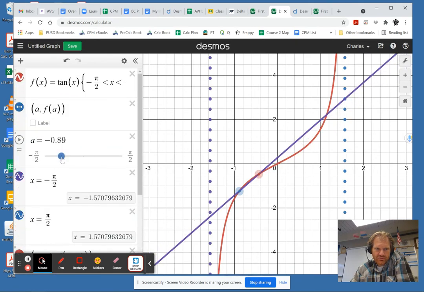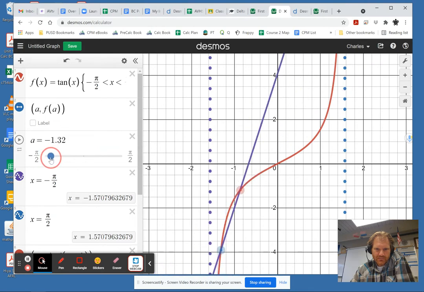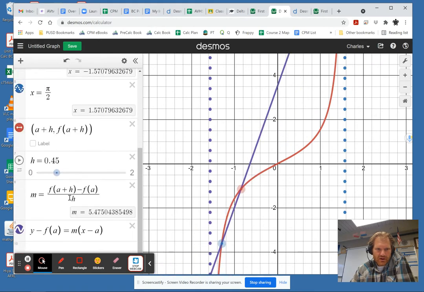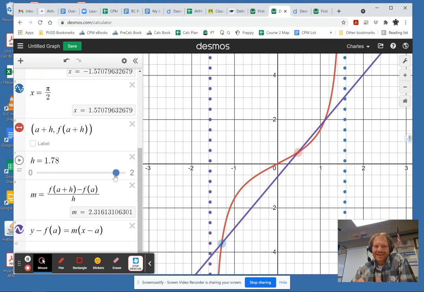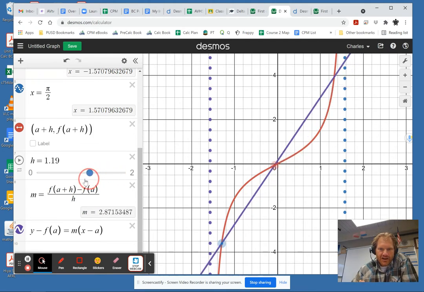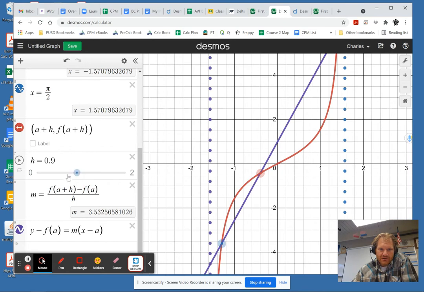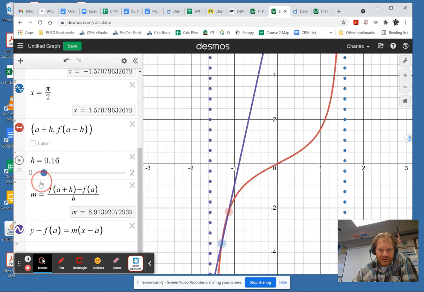So let's move a all the way back here. If I want to know the exact slope at that point, I might start by picking these 2 points, whatever they are, and measuring it. I might say I can get more accurate if I make that h smaller. So that whole idea of the limit as h goes to 0 is we're moving from an average rate of change to an instantaneous rate of change.